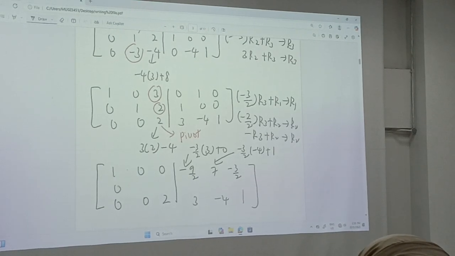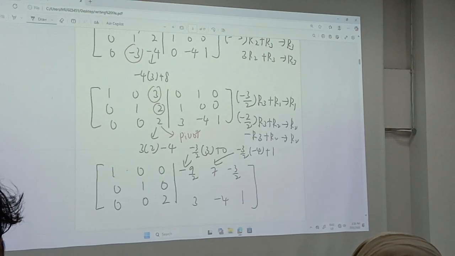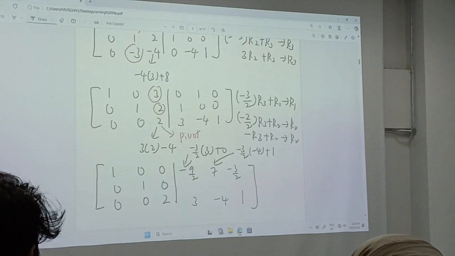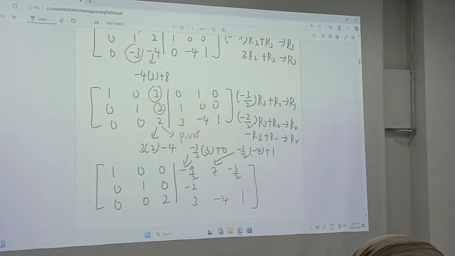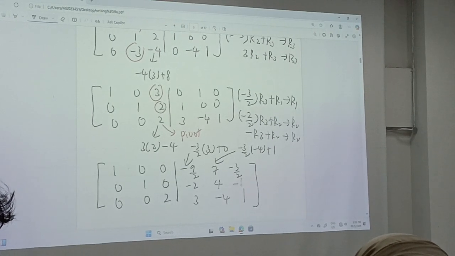So as a result, 2 here will turn to 0. And then here we need to do calculation. Negative R3 plus R2. So negative 2, negative R3, negative, positive. Negative 1 plus 0, negative 1.